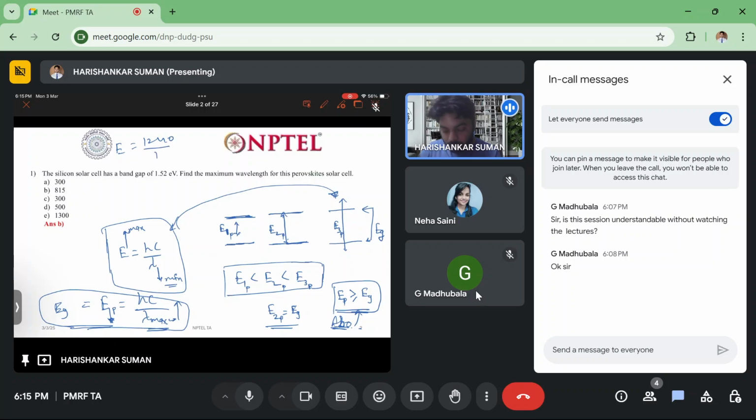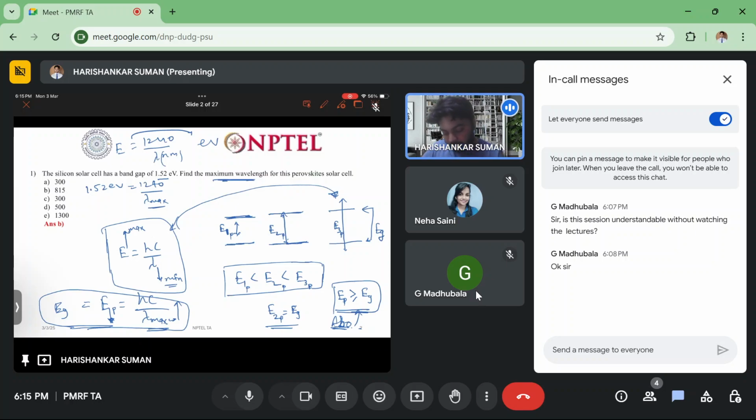You can easily find it using E = 1240 divided by lambda in nanometers, which gives energy in electron volts. So we have 1.52 eV, 1240, and lambda max. We equate the band gap to the incident photon energy, then we will find the maximum wavelength.